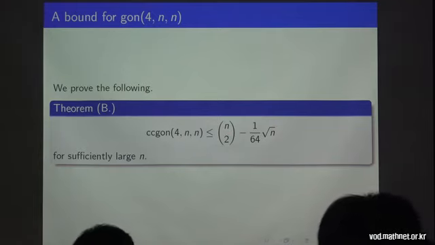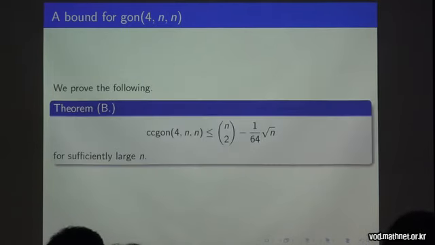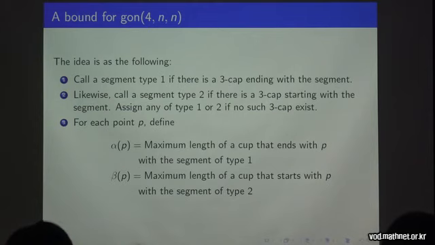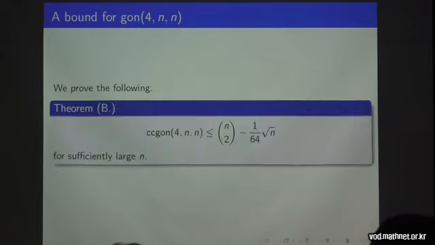So the idea for this theorem is as follows. Before that, I want to mention that finding this value is much more sensitive than the conjecture that I posed in the previous slide.